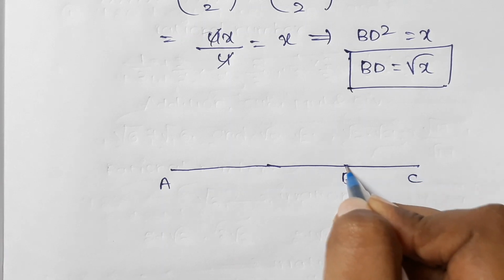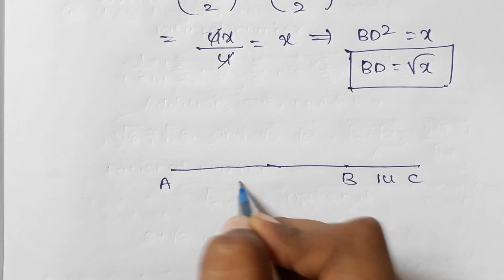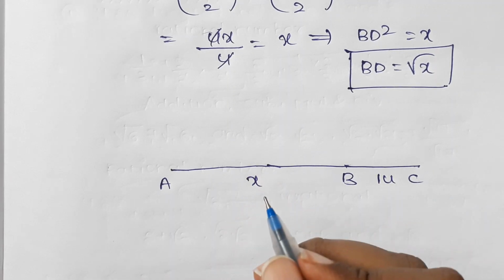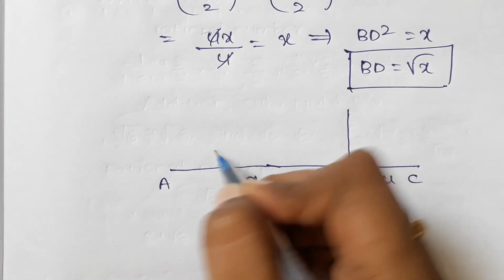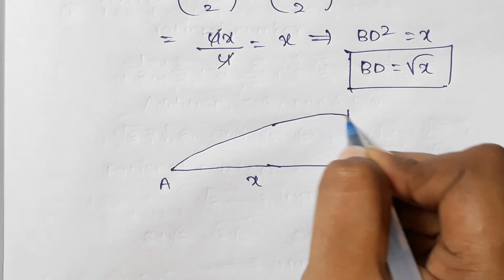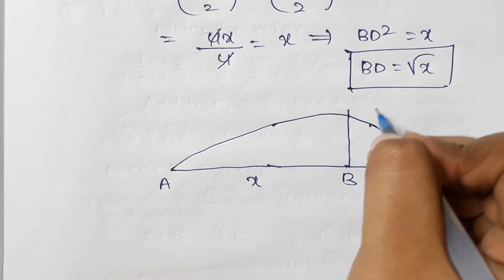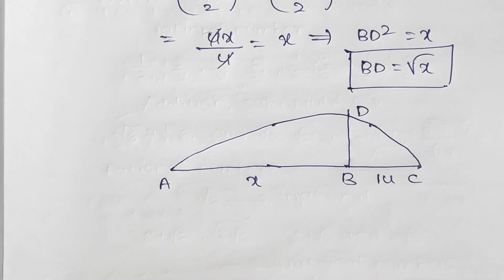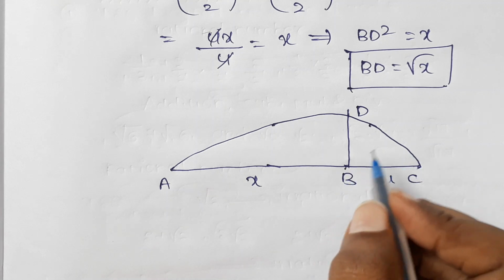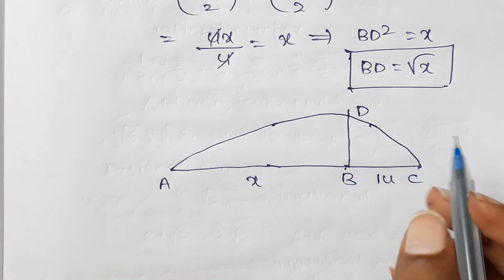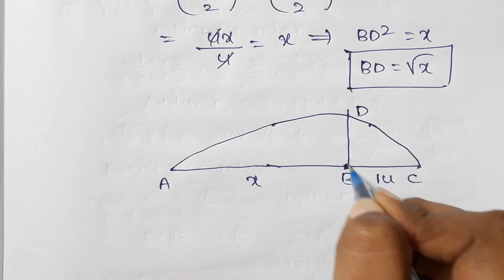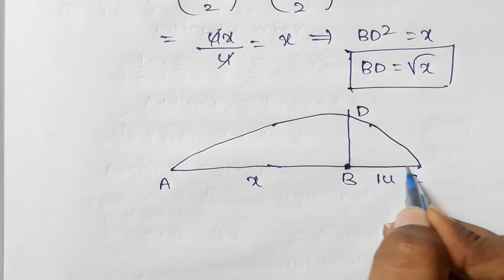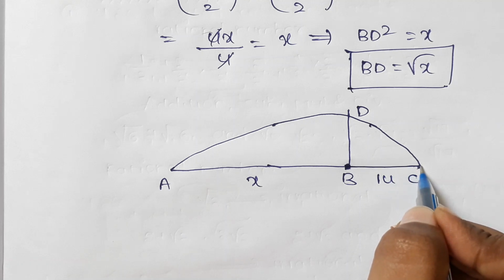Here is C extended to 1 unit, and X. Here D. BD is the perpendicular line, and now draw an arc which intersects that number line, that is with the center B. B is the center and BC is the radius.